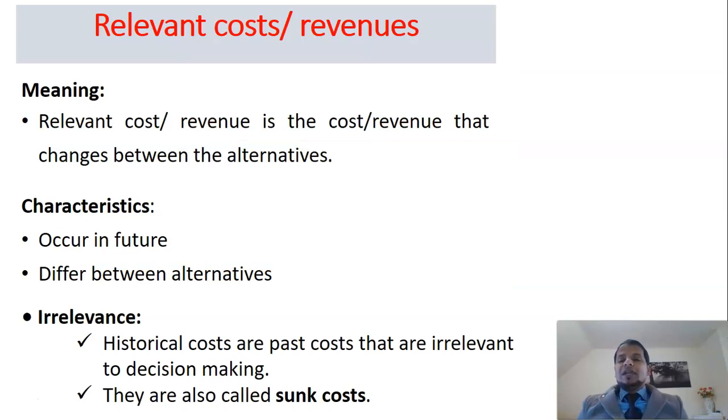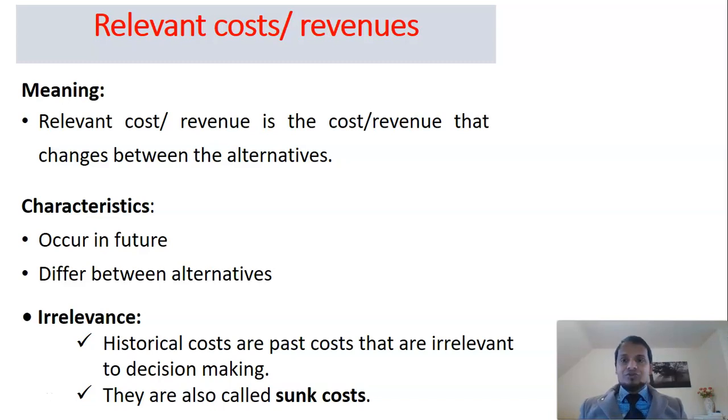In making a decision, we should consider only relevant costs and revenues. There may be relevant information, there may be some irrelevant information. If we consider irrelevant information in making a decision, then our decision would not be accurate.